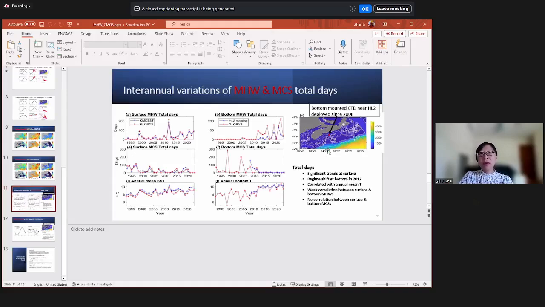That's just my suspicion, right? But we need to go back to Glorys and examine the near-bottom temperature, or temperature at around 150 meters, to see how the slope water may affect the water at this mooring location. Yeah.